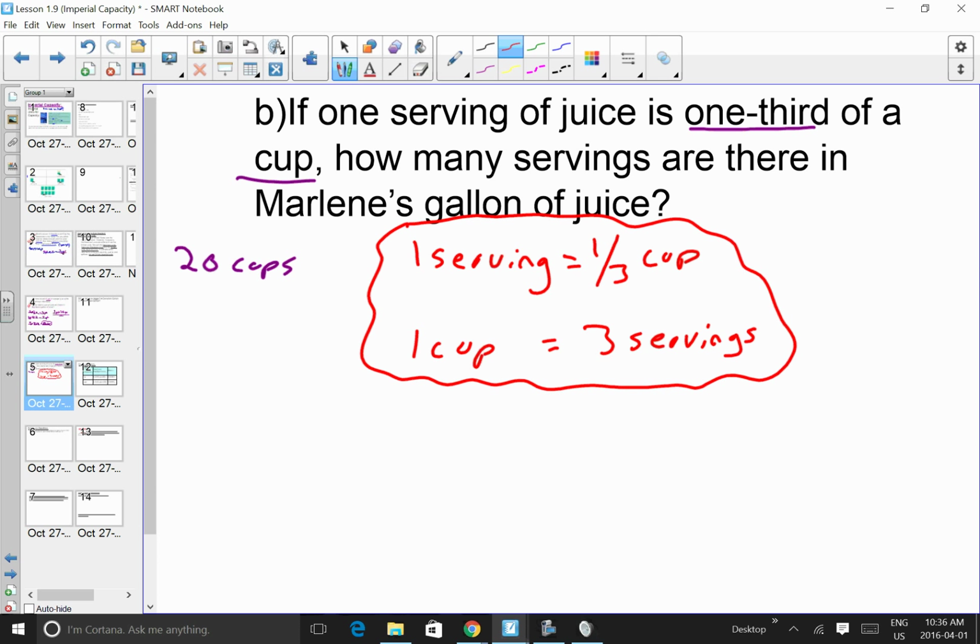That's what it's saying in the question. But I don't have 1 cup, I have 20 cups. So the number of servings, let's go 20. I've got 20 cups. Each cup is 3 servings, and I'm going to multiply. So in that gallon of juice, I've got 60 servings.